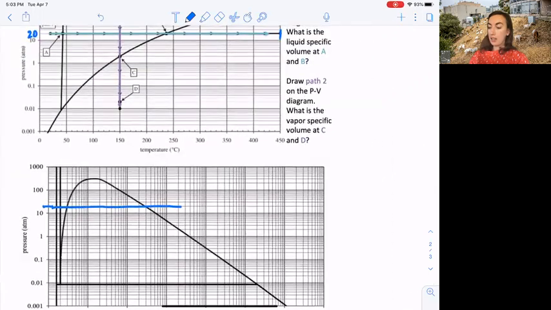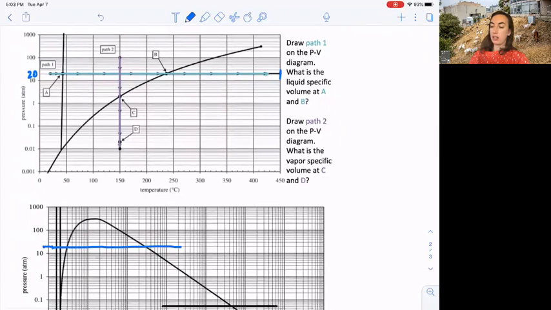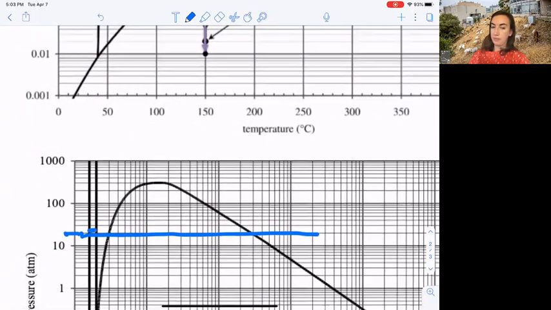So if we label on our PT diagram our phases, this is solid, liquid, and vapor. And so point A is at our solid liquid coexistence. And so point A is actually going to be this whole region here.